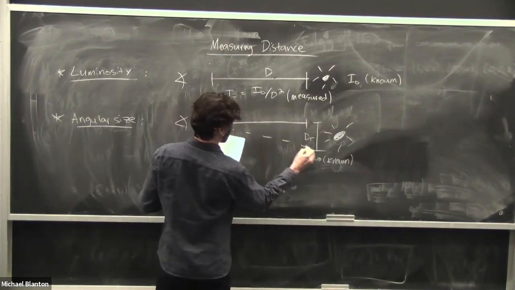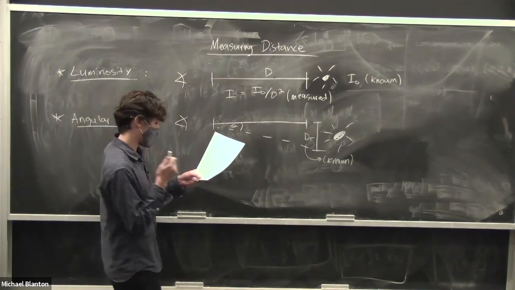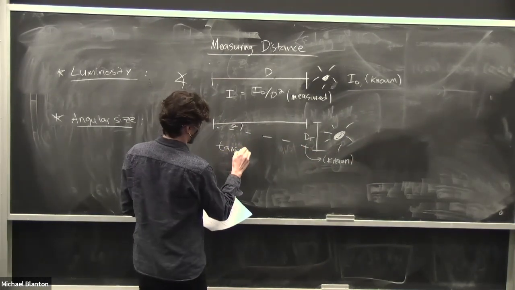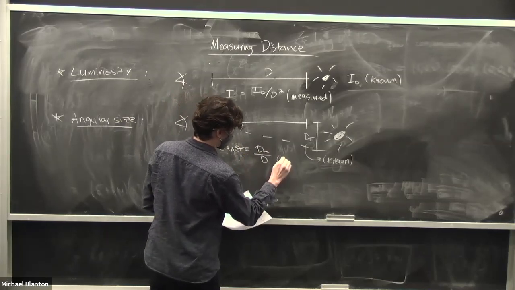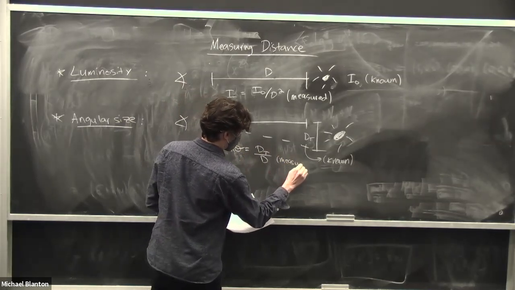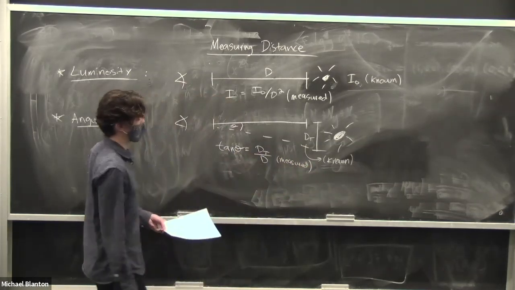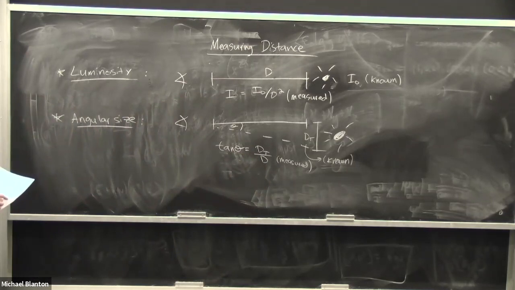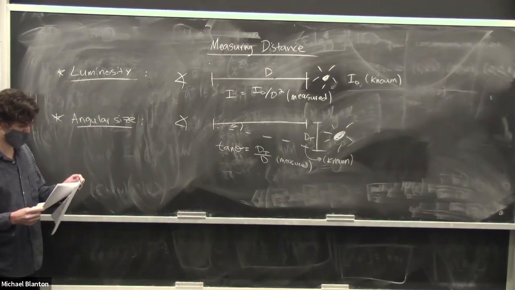If you're able to measure an angle, then from basic trigonometry, this is measured, this is known, you can infer d. So these are two classes of observations to infer the distance of something.